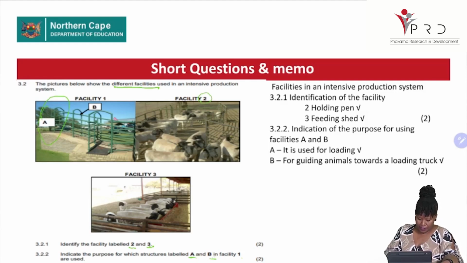Part B, what is it used for? It is used to guide the animal towards the loading truck. So B guides, and it is used for loading purposes.